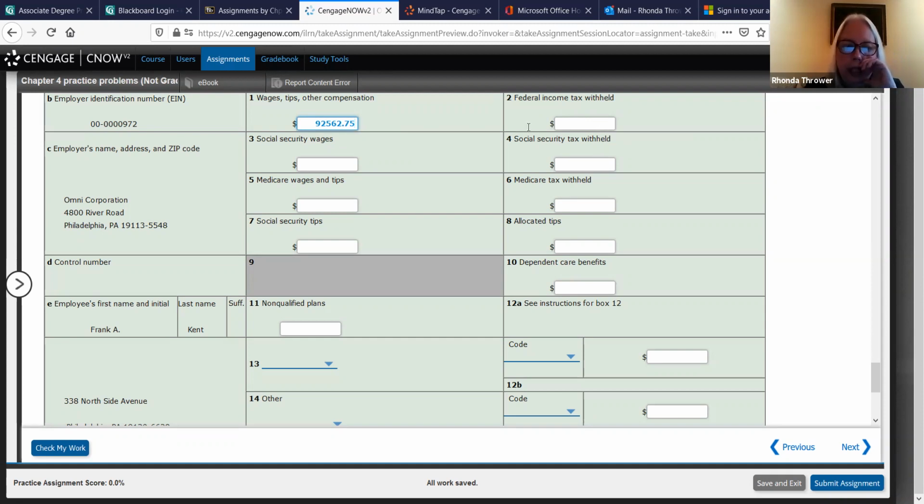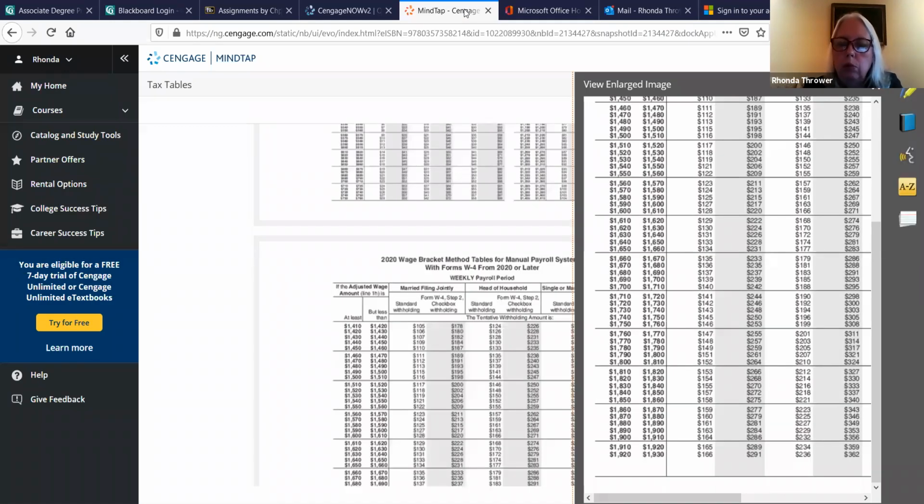Now, getting back to the federal income tax that would be withheld. What we would do is take the gross wages of $1,875, subtract out the amount for the 401k plan, which was $100 per week, and that would leave me with $1,775 that is taxable for federal income tax purposes. So you're going to find on your wage bracket table the amount for $1,775.